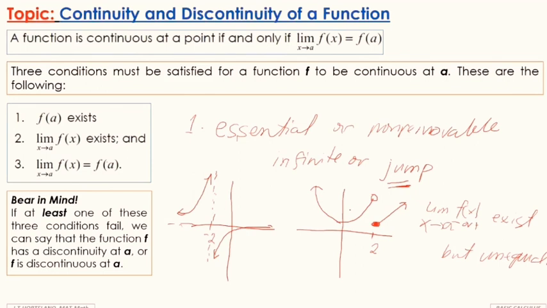So, that's essential. Now, the other type is removable discontinuity. When we say removable discontinuity, this is something you can manipulate.